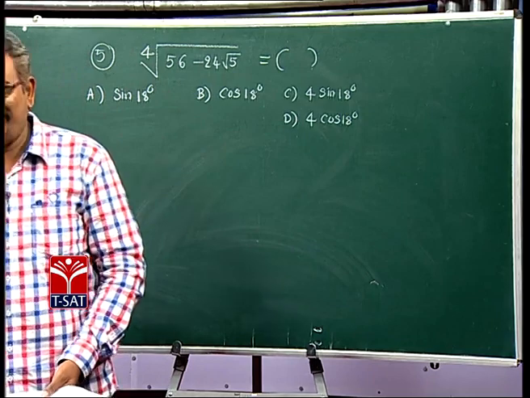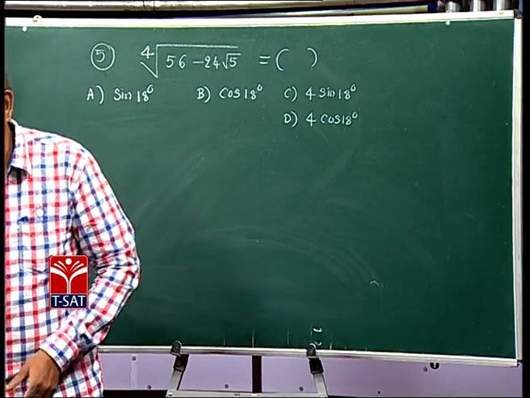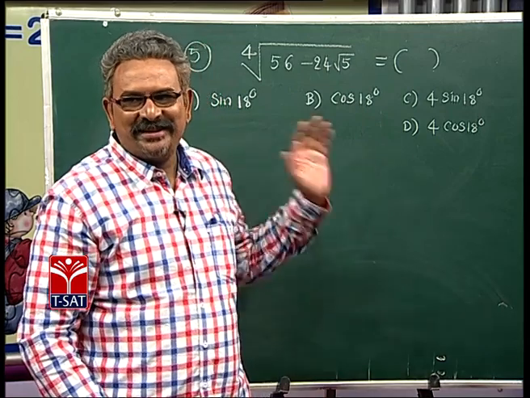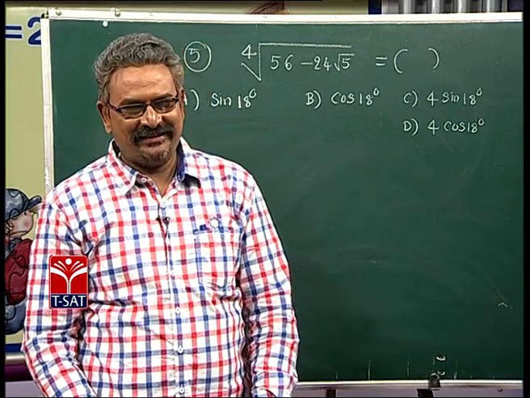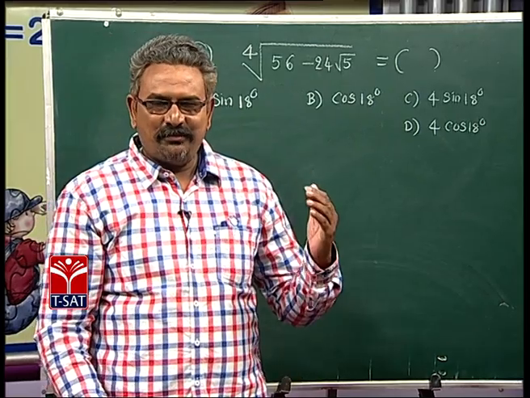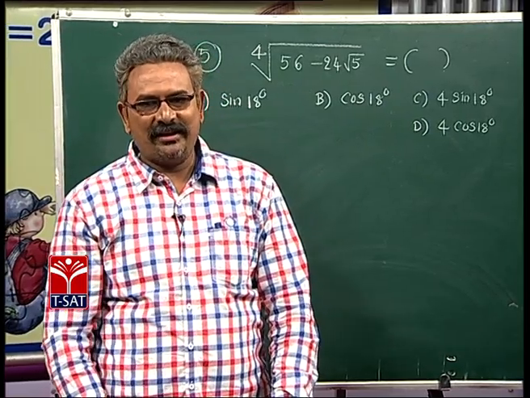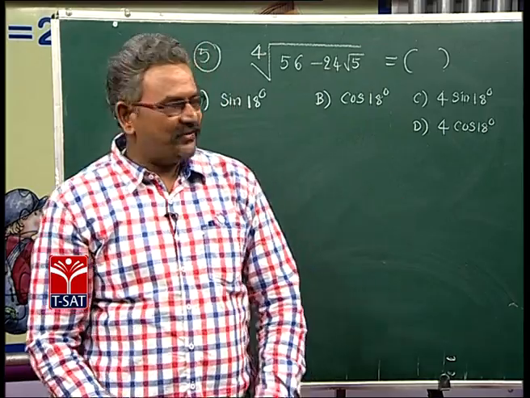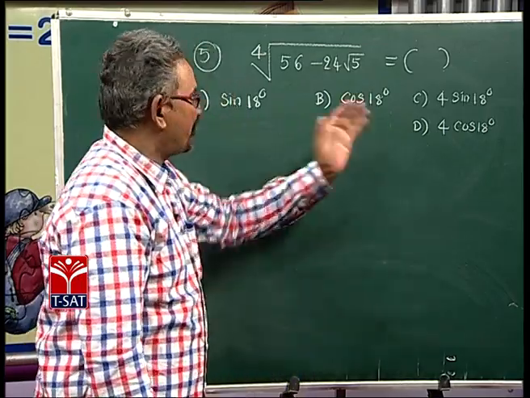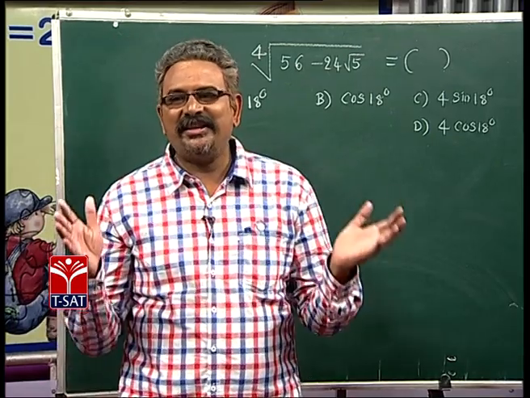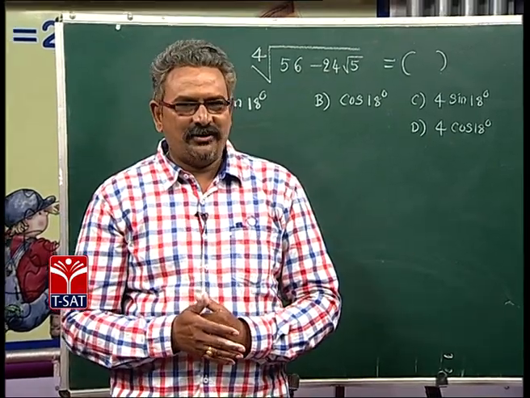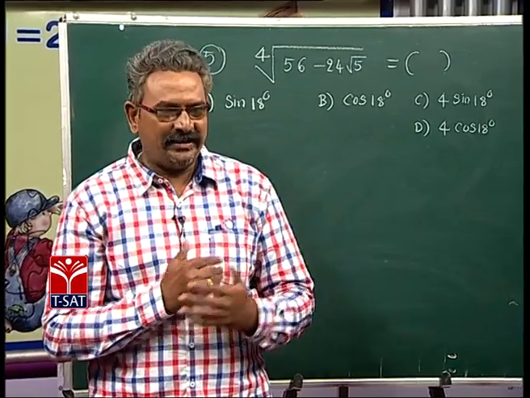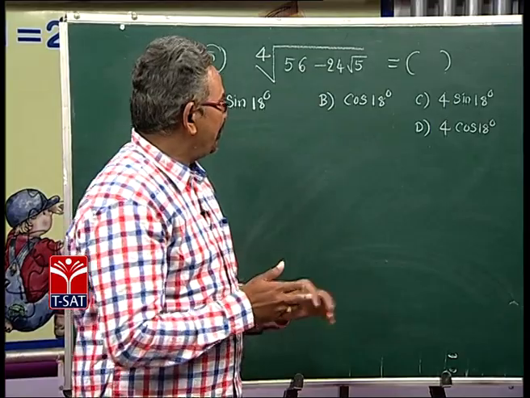Very interesting question. See in this problem once again, just check the options. What are the options given here? Yes, problem is fourth root, not square root and cube root. This is fourth root problem. As well as if you just see the options, options are related to the trigonometric values. So that means we shall be familiar with the values of sin 18 and cos 18.